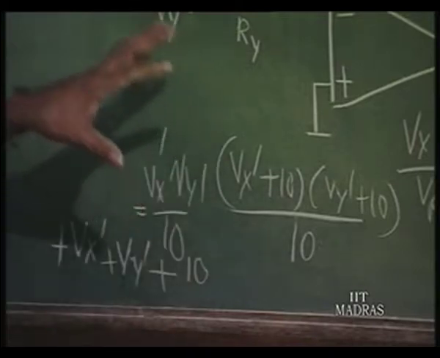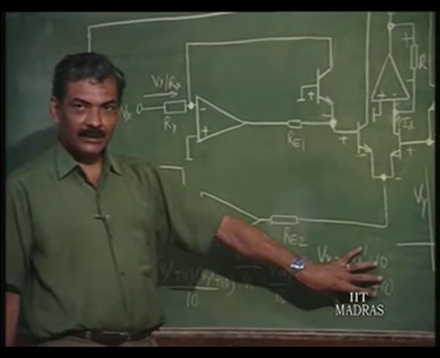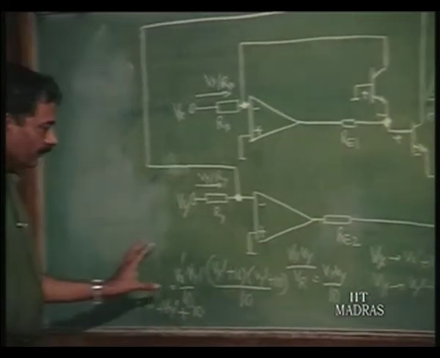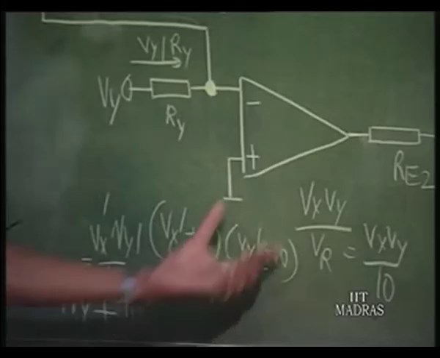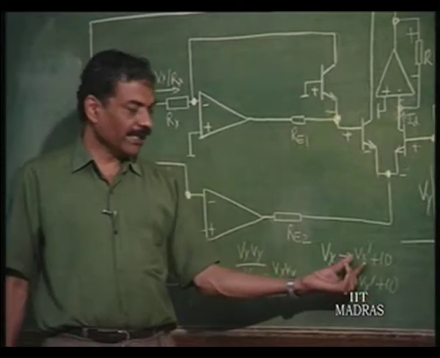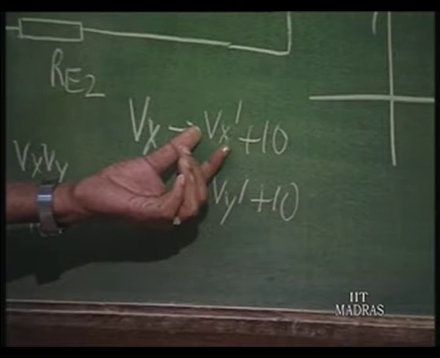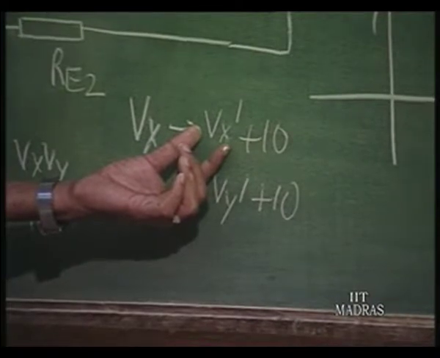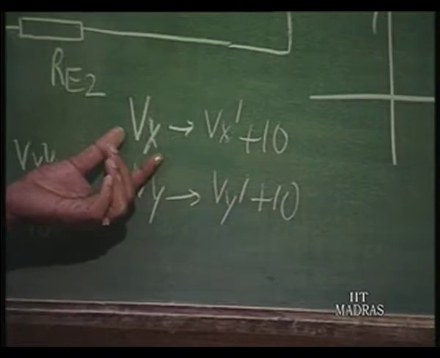So, any single quadrant multiplier can be converted to 4 quadrant by means of the pre-bias arrangement. Once again, we made V x equal to V x dash plus 10 volts, so that V x dash can vary from plus 10 to minus 10 volts as desired by us, when V x is going on varying only from 0 to 20 volts, because it is single quadrant.